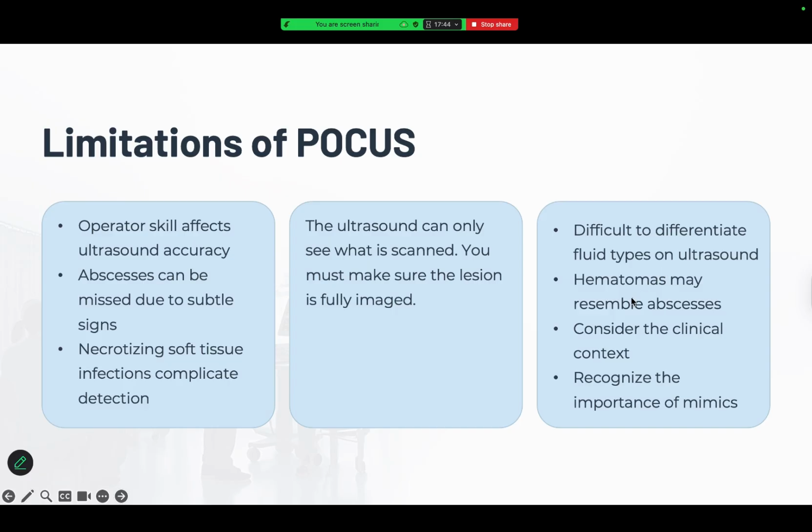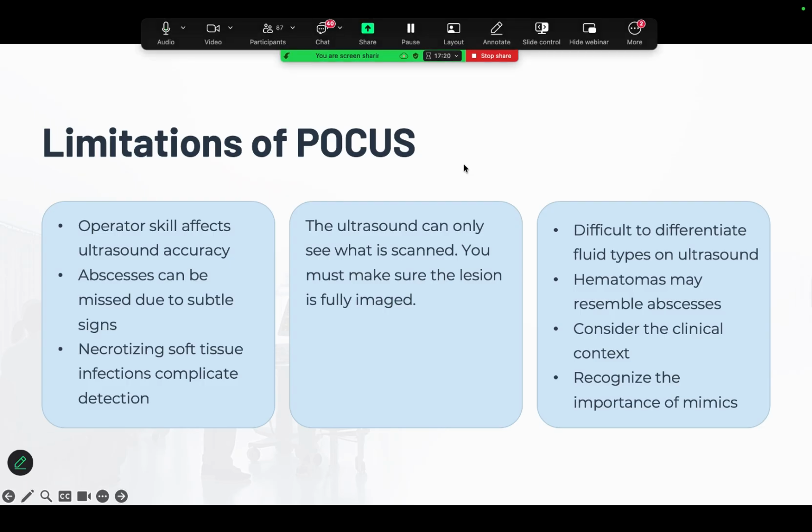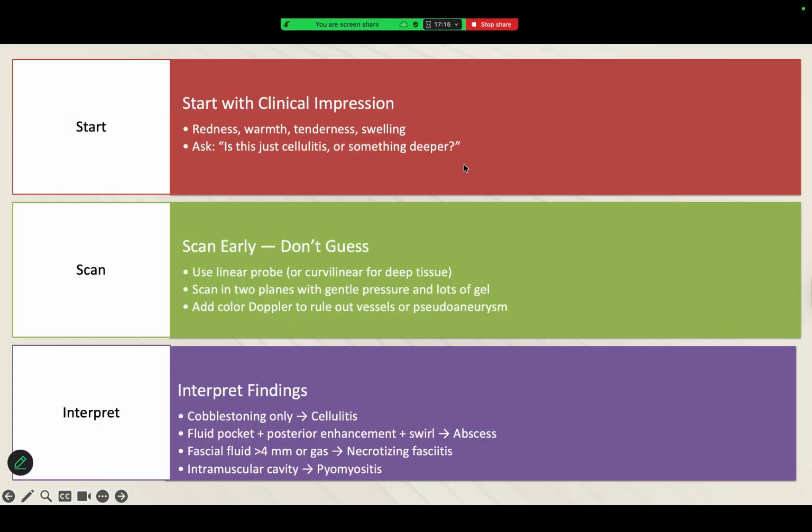Sometimes it's hematoma, it's seroma, or it is abscess. It's very difficult sometimes to say what this is, and that's why considering the clinical context is very important, and always review the mimics. So what we find, maybe it is another thing. That's why we need to use the color Doppler and other planes just to make sure it is really abscess or lymph nodes or maybe a pseudoaneurysm.